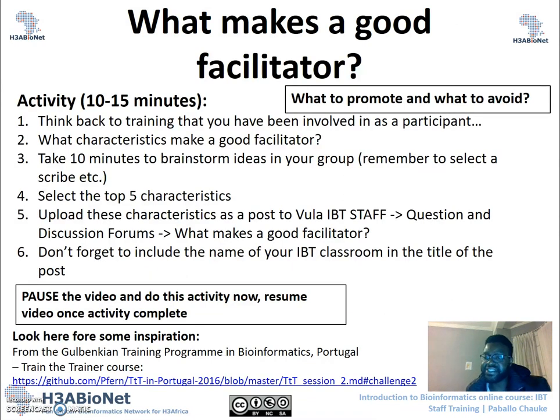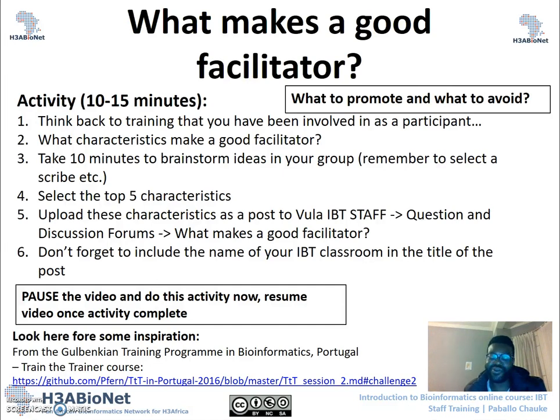What makes a good facilitator? So this activity, like all the other activities, is going to take 10 to 15 minutes. Think back to the training that you have been involved in as a participant. What workshop did you attend? What lecture? Any form of training that you've been involved in.